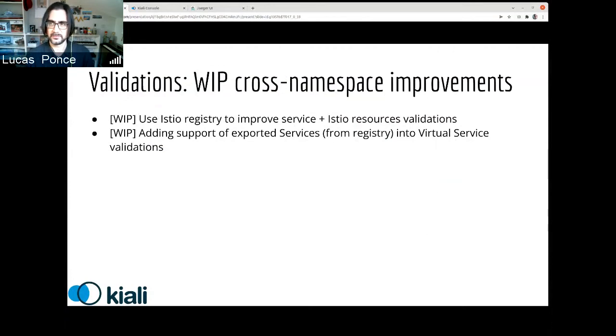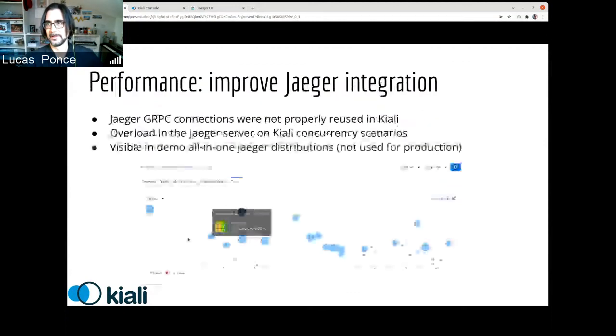This is one of the epics that we are working on, and also to introduce this Istio registry to validate the service entries, and try to understand any potential crossover combination. A service entry may be created in a different namespace but be visible from others, and we need to check that any configuration created in another namespace is validated against all the runtime services that are available.